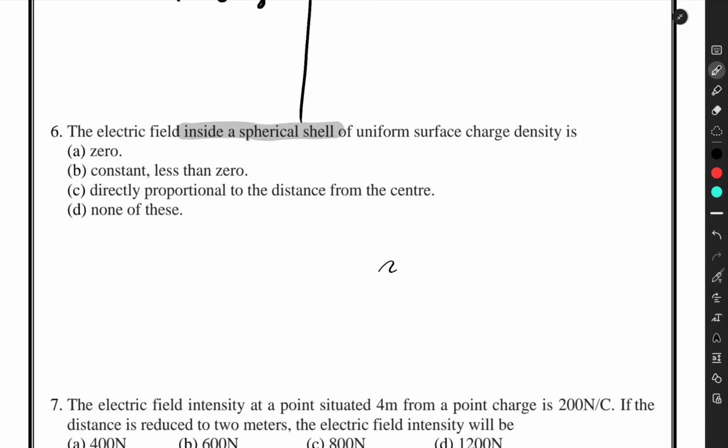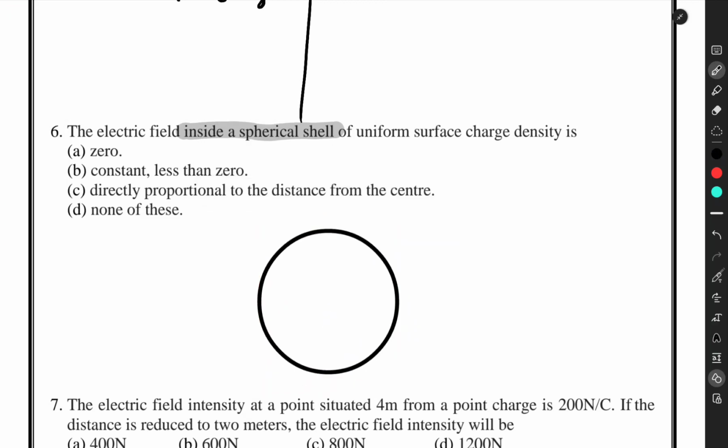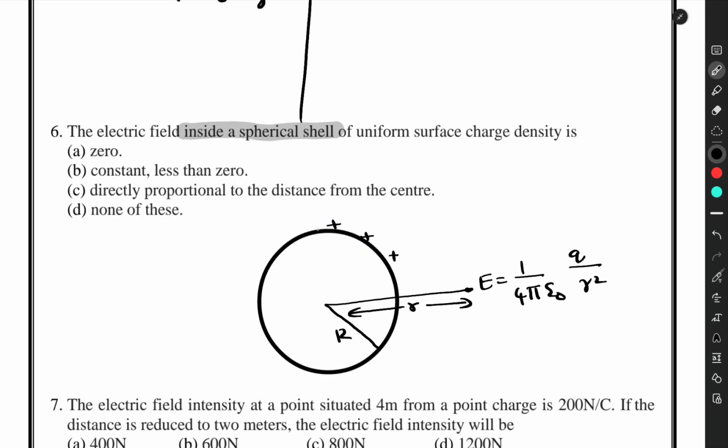So if you consider a spherical shell like that, let me consider the radius of this particular shell to be R, and at a point outside, the electric field is given by 1 divided by 4 pi epsilon naught Q divided by R square. This distance is considered R, and the charge will be on the surface.